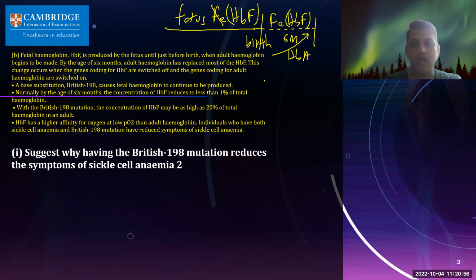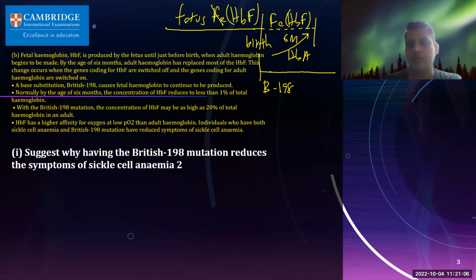So with this British 198 mutation, which is another mutation, fetal hemoglobin is continuously produced in the adult after birth. Normally at the age of 6 months, there is 1% of fetal hemoglobin.